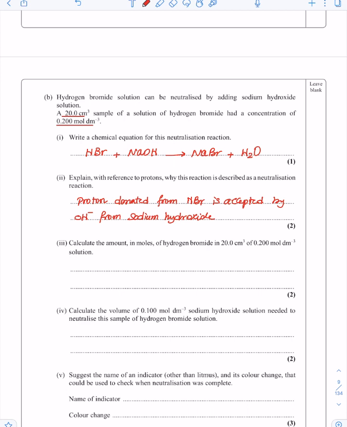Part iii. Calculate the amount in moles of hydrogen bromide in 20 cubic centimeter of 0.200 mole per cubic decimeter solution. Now, what does the concentration law say?